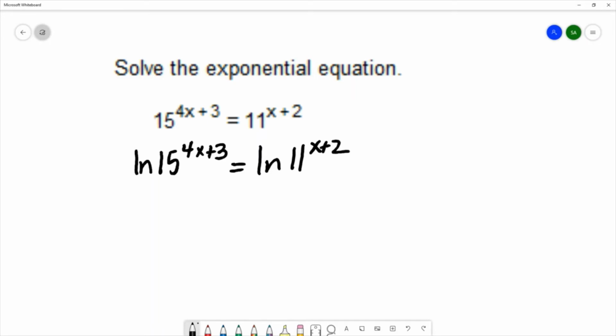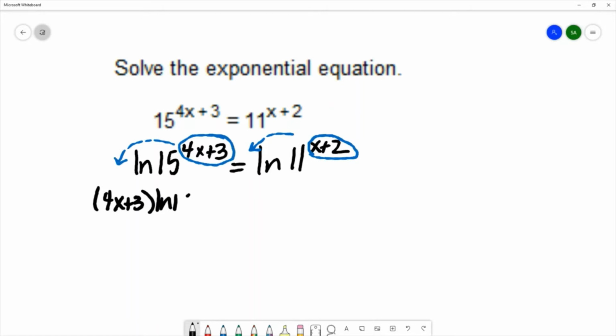When you do this, you're allowed to now use the power rule for logarithms that allows you to take this power and turn it into the coefficient on the log. And you can use the power rule on this side to become the coefficient on the log. So that would give us 4x plus 3 natural log of 15 equals x plus 2 natural log of 11.